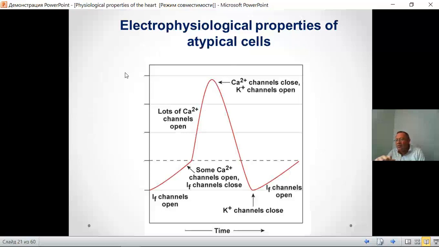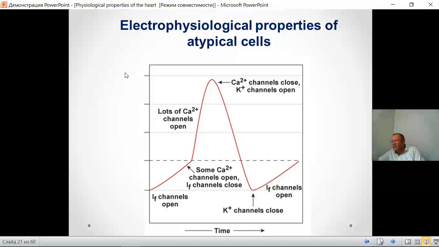The SA node is the normal pacemaker of the heart. The configuration and ionic basis for its action potential differ in several important respects from those of ventricular fibers. The following features of the action potential of the SA node are different from those in ventricles.